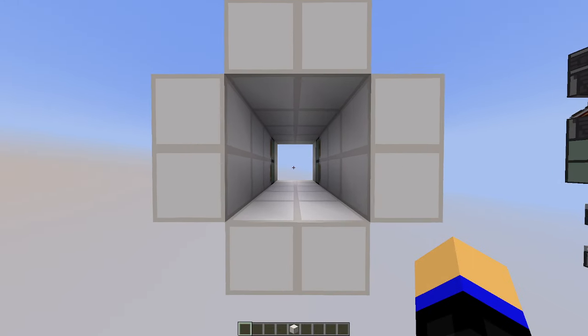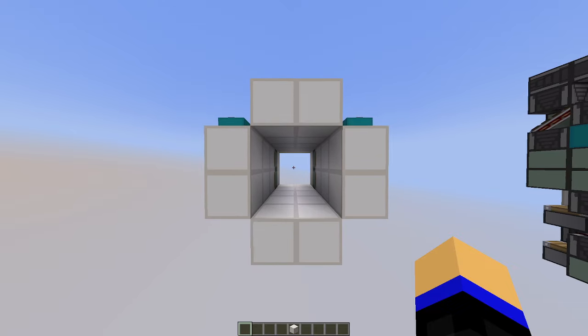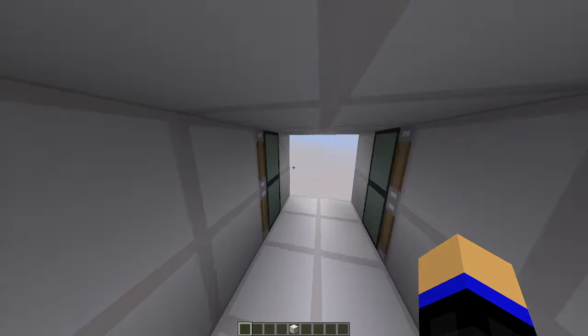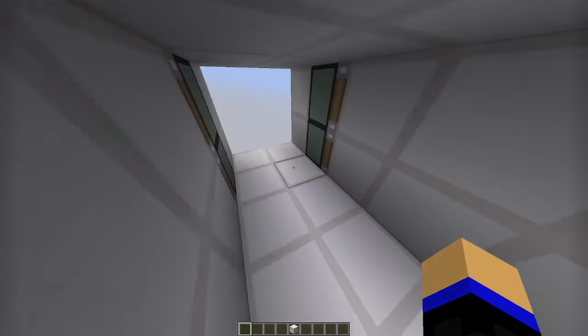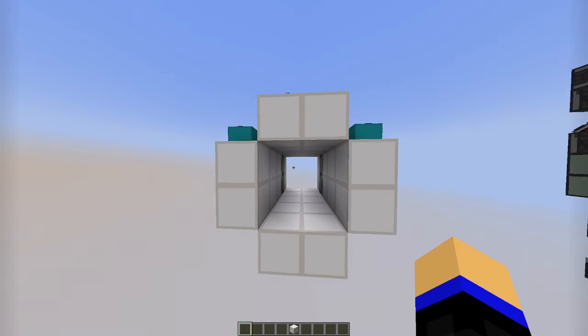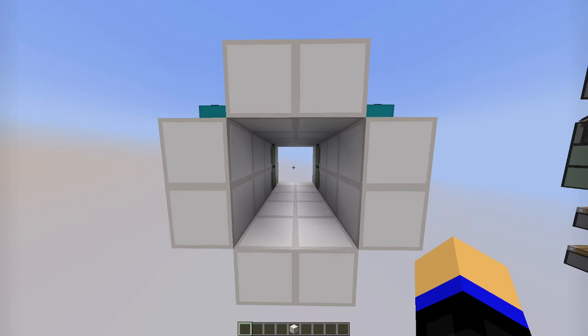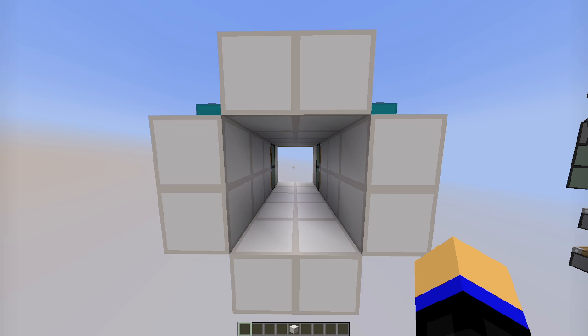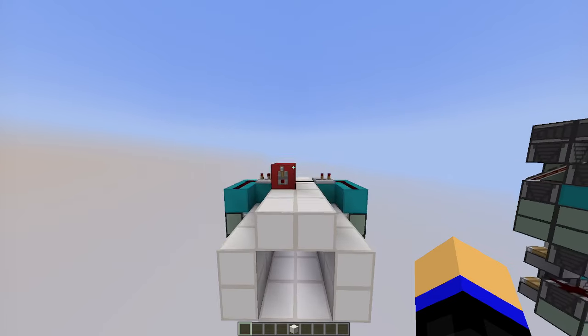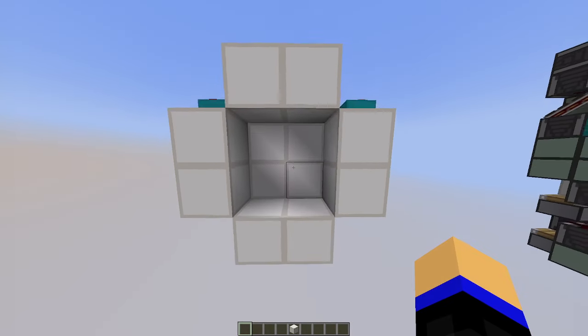And by taking a look at the open state, we already see sticky pistons on the side of the hallway. And under the standard hallway composition, this would mean that this door is not seamless when opened. But then what about the door when closed?